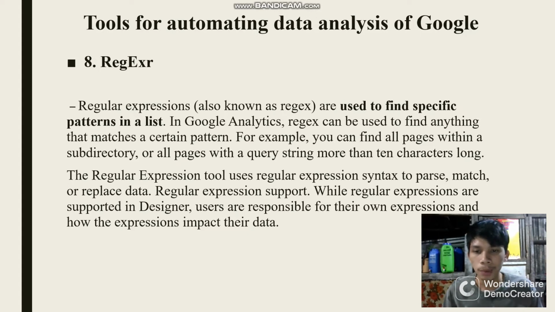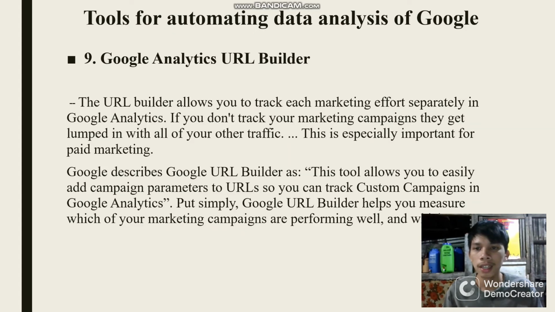The regular expression tools use regular expression syntax to parse, match, or replace data. While regular expressions are supported in designer, users are responsible for their own expressions and how the expressions impact their data. Next is Google Analytics URL Builder.